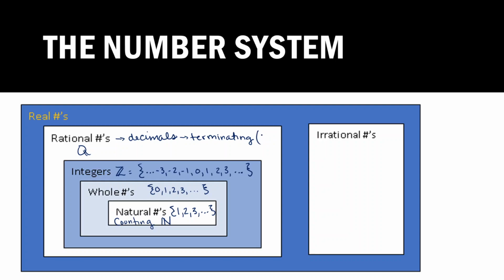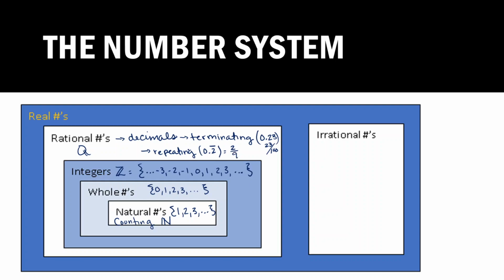So for example, 0.23. That could be written as 23 hundredths. So it's a fraction and it's a decimal that ends. Or it can be repeating decimals. So for instance, 0.2 repeating. That could be written as 2 ninths.